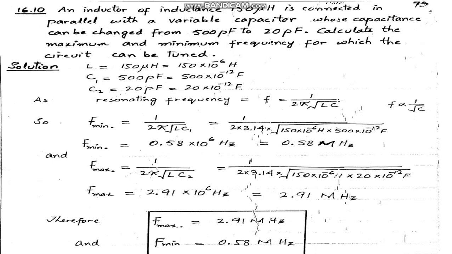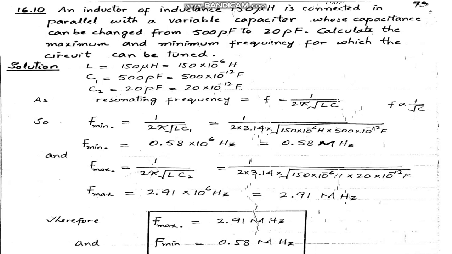We put the values in here: 1 over 2 multiply 3.14 multiply under root 150 multiplied 10 to the power negative 6 multiply 500 multiplied 10 to the power negative 12. By using the calculator, F minimum is equal to 0.58 multiplied 10 to the power 6 Hertz, or we can write 0.58 megahertz.